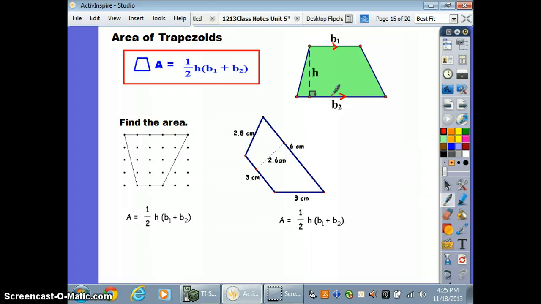All right, here is a shape. It is a trapezoid. Can you see that this side and this side are parallel? All right, so the base, this base down here is 2. This base up here is 1, 2, 3, 4, 5. Now the height, we'll drop that height then.